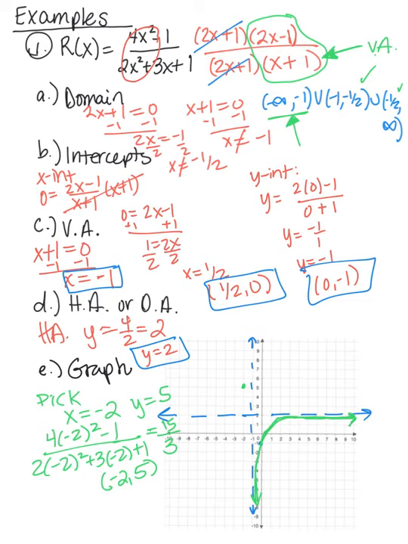So now I've got another point, (-2, 5). I can continue doing this however many times. Me personally, I only need 2 points to be able to connect the dots, just like I did on the last one. So I'm going to pick another point. Let's say, just for fun, that we pick -3. I'm going to do the same thing and plug it in. Plugging in -3, I'm going to get 35 over 10, which can reduce to 7 over 5.